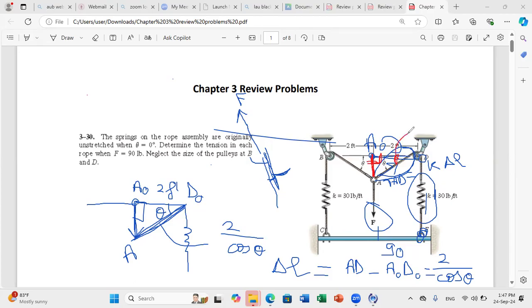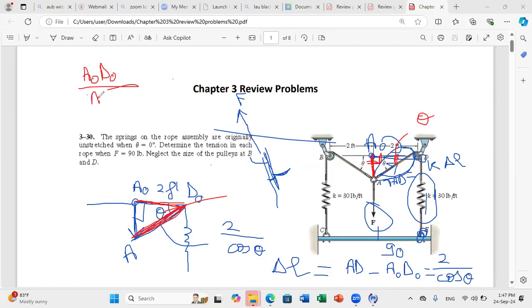So you can say that the variation of length of AD is the difference between this distance and this one. Now geometrically, how to calculate the hypotenuse here? What is this distance? If you write A0 D0 over AD, isn't it cosine theta?